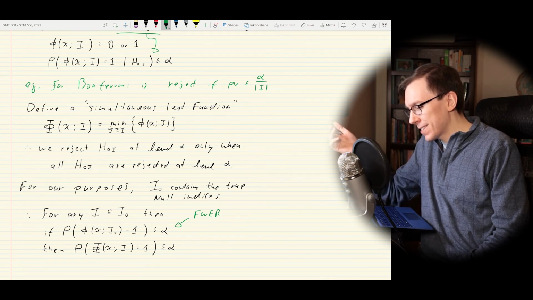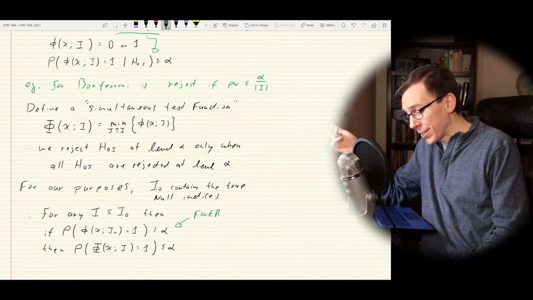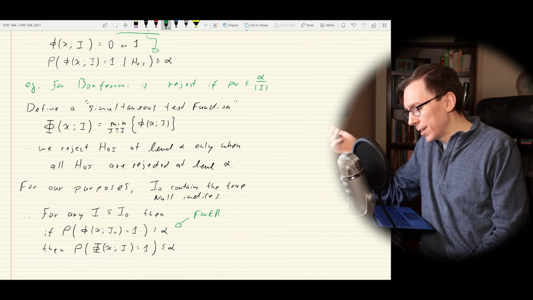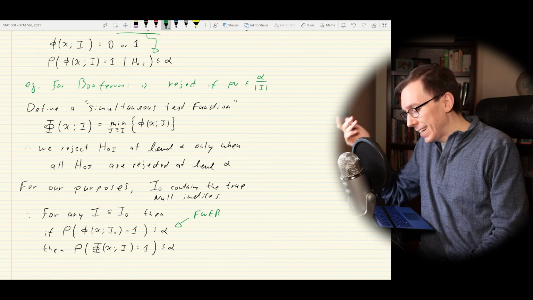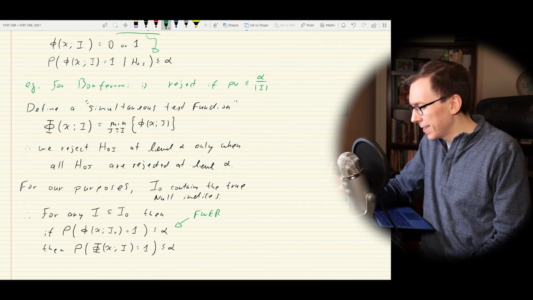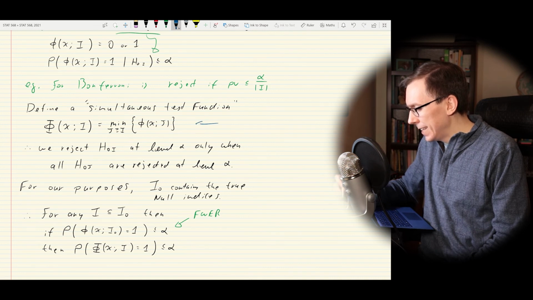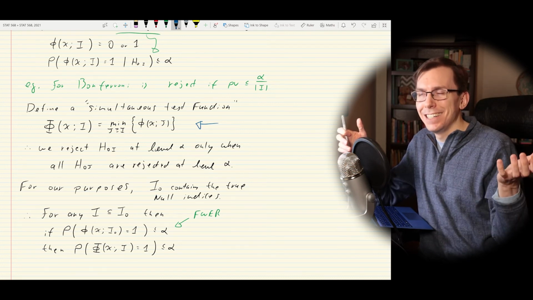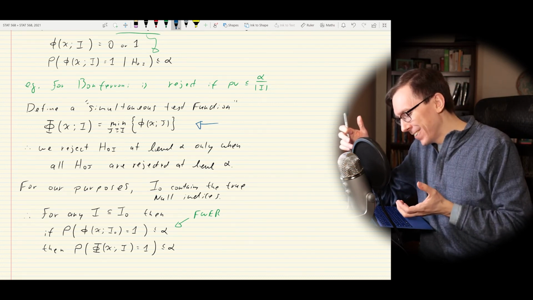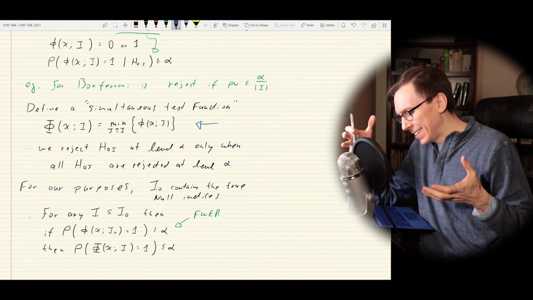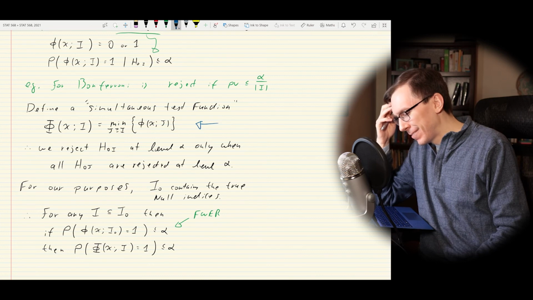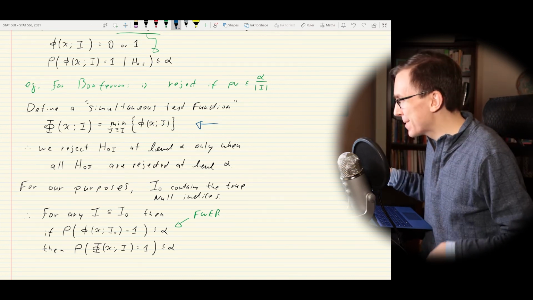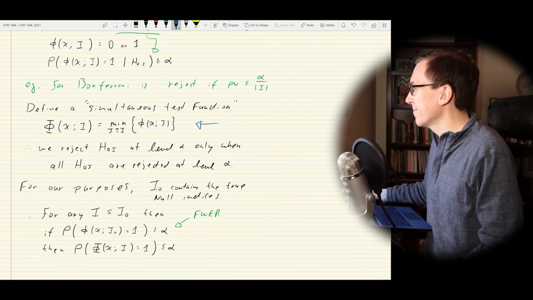If that's true, then this abstract notion of a simultaneous test function will also have the probability of that equaling 1 be less than or equal to alpha because of the way that it is defined up here, in the sense that it has to be the minimum over all j that contain I, and I naught contains I. So the probability still has to be less than alpha, I guess, because of set theory, perhaps, the fact that we have nested sets. All right.